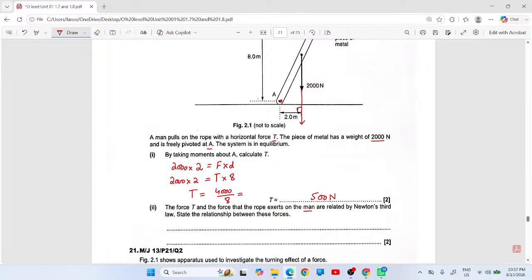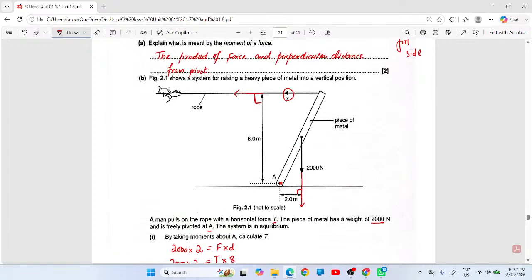Sir, the force T applies tension and the rope then exerts an opposite force due to the tension on the man. See, if the tension is towards left, the force on the man is towards right.